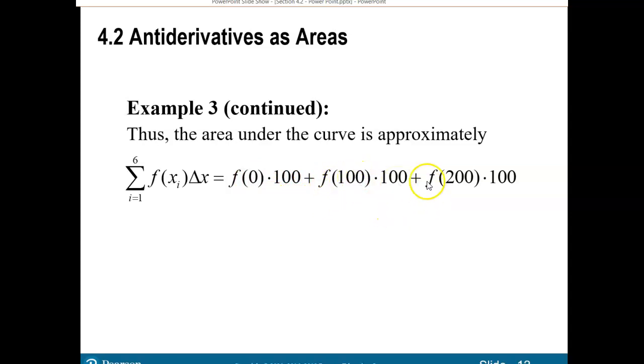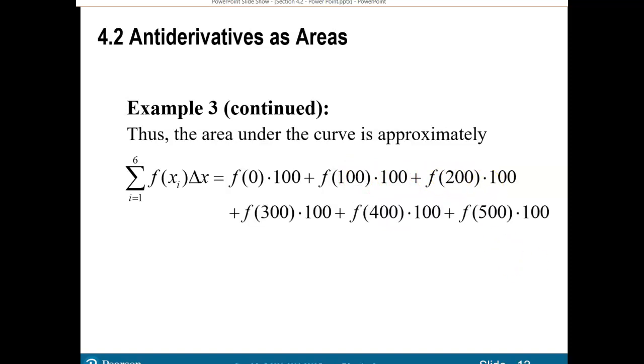Move 100 over from here, so you're at f of 200 times your 100. Move 100 over again, means f of 300 times 100, then f of 400 times 100, then f of 500 times 100. So you got 1, 2, 3, 4, 5, 6 things to add together, which should make sense because you divided your space into 6 subintervals.